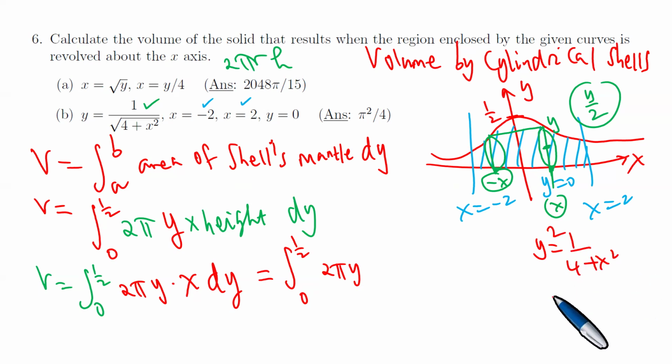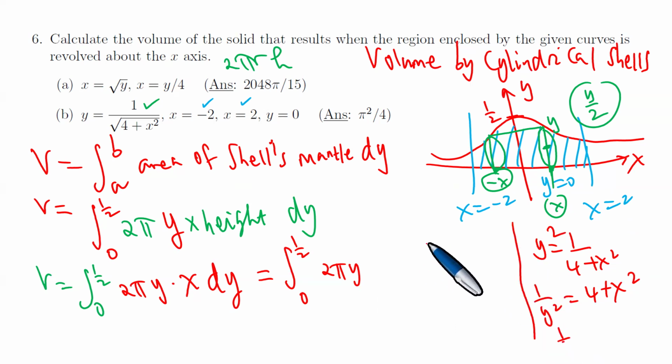You square both sides, you get that? And then it is 1 over y squared, which is 4 plus x squared. Right? You need to get your x. So x is going to have two signs, obviously. There are going to be two of them. And that is going to give you the height. Okay. So it's going to be 1 over that. Just do it.